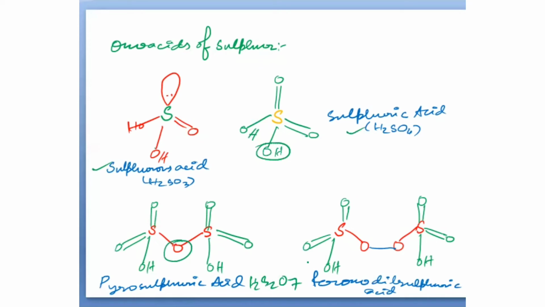Next is our peroxodisulfuric acid. Here it is not a single bridging oxygen, but a peroxo bridge is present. So this is a characteristic structure, that is H2S2O8. Now this H2S2O7 is also called oleum, and this H2S2O8 is called Marshall's acid.